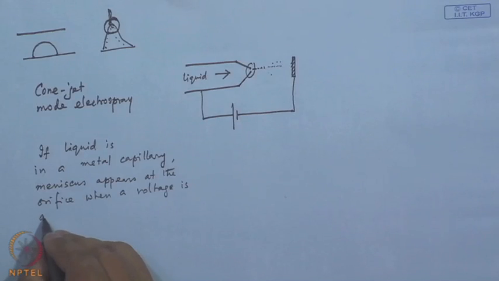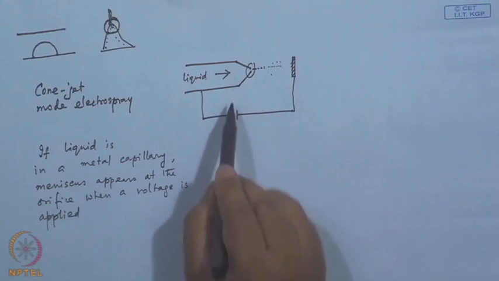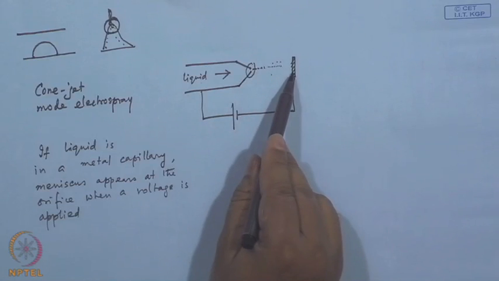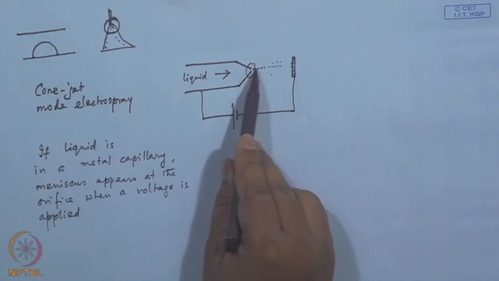Voltage is applied across this point and this point. So then automatically there would be a meniscus appearing.